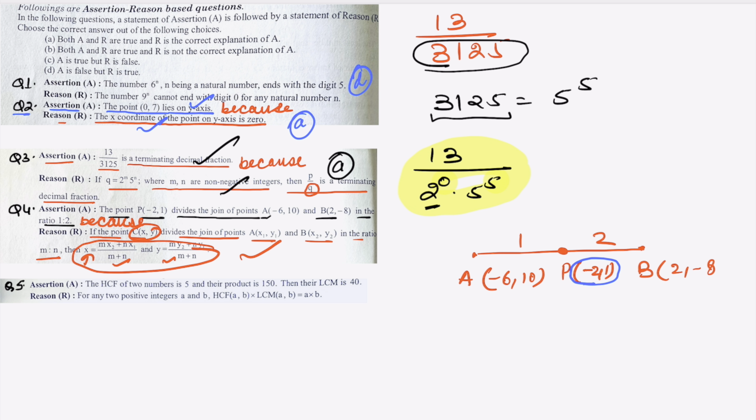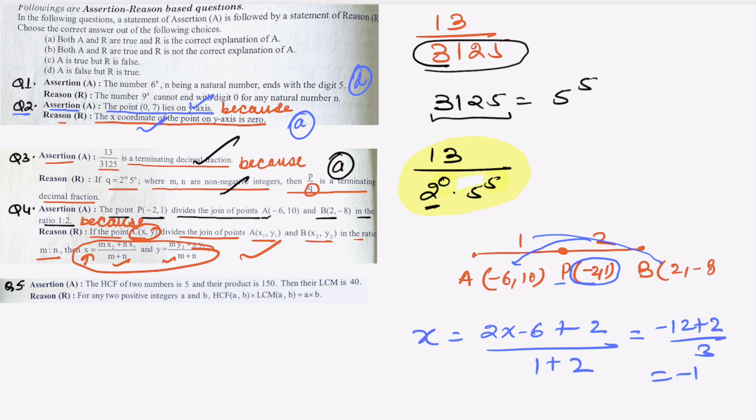So now using section formula, we know that x coordinate of point P should be 2 into -6 plus 1 into 2, that is 2 upon 1 plus 2. So from here we get -12 plus 2 by 3, that is -10 by 3. But now if we compare this x coordinate with this x coordinate, are they equal? No. So the assertion is wrong. So here reason is correct, but assertion is wrong. So answer will be D.